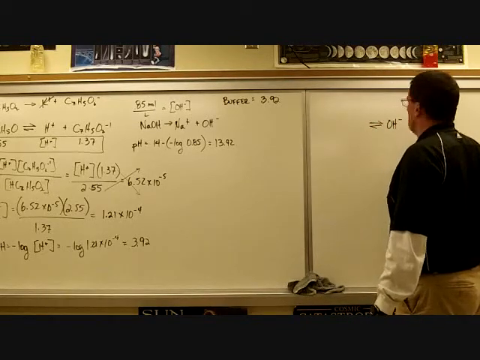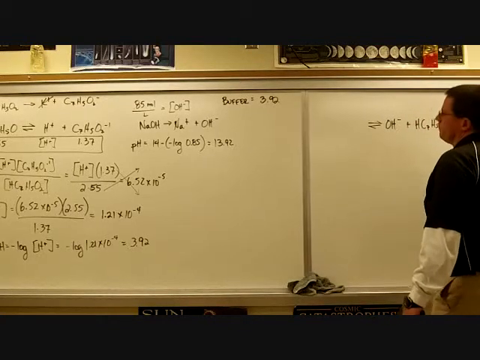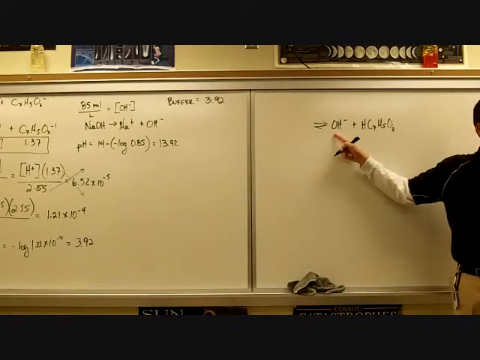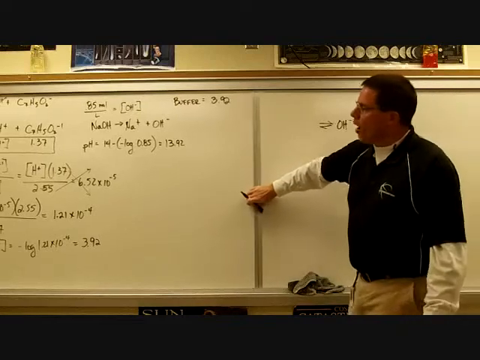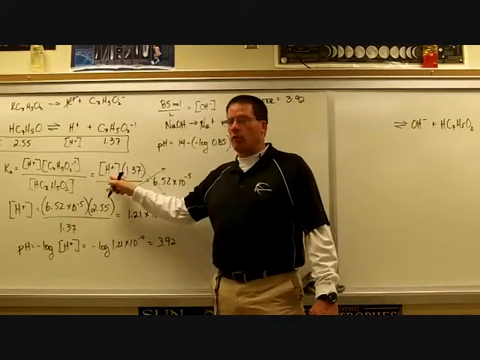So in this case, the hydroxide will always be on the product side. Because, again, the reason why in our K expression we always want it on top, products over reactants.